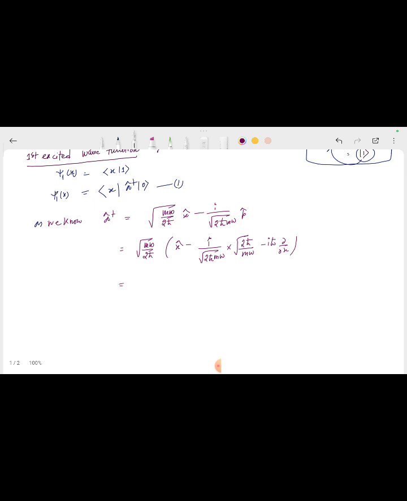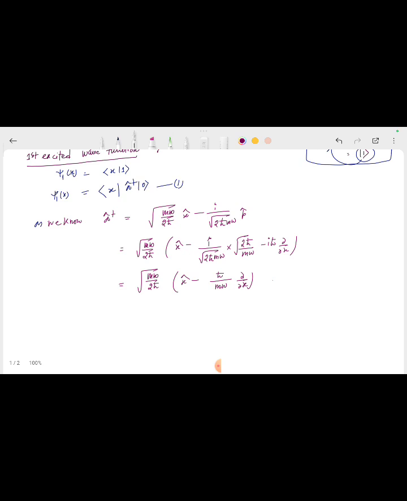So finally we get mω upon 2ħ x cap is equal to minus ħ upon mω del x, right? So a cap dagger is equal to root under mω upon 2ħ times x cap minus ħ upon mω del x.